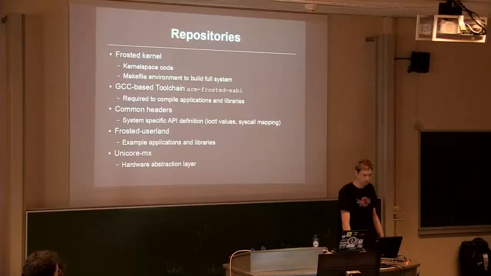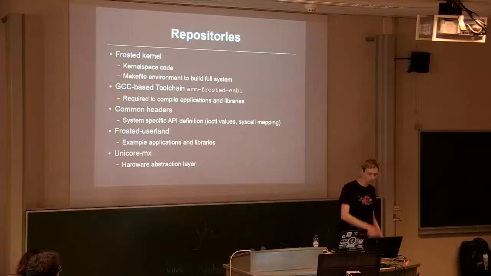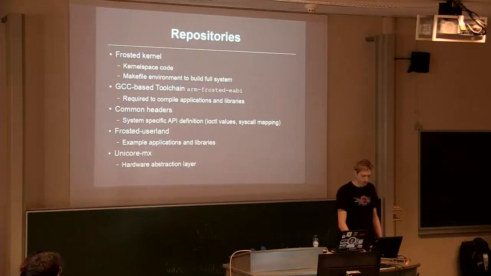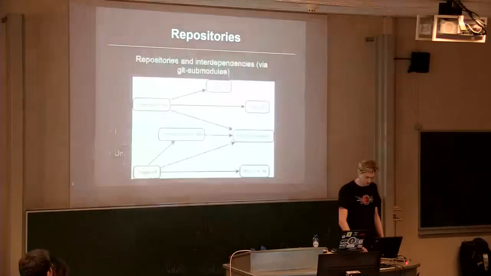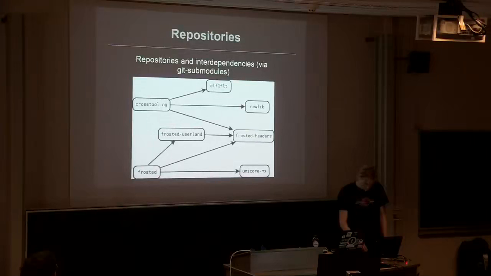We have a special headers repository because we need to include some common headers in userland, in the kernel, and in the toolchain. Then we also have the Frosted userland repository, and as the hardware abstraction, we use Unicore MX, which is our own fork of libopencm3. This is a nice graph of the dependencies and interconnections of the different repositories.